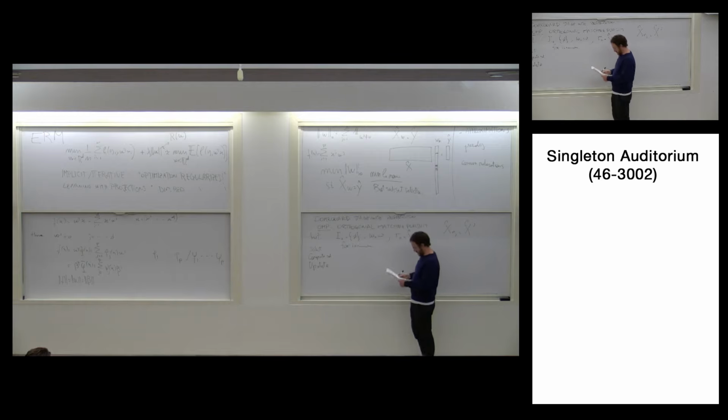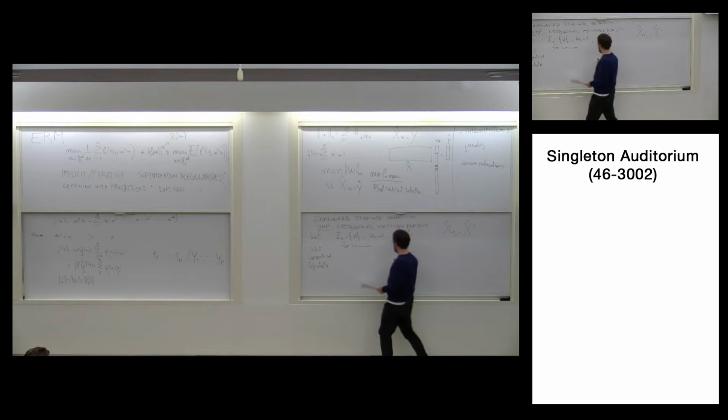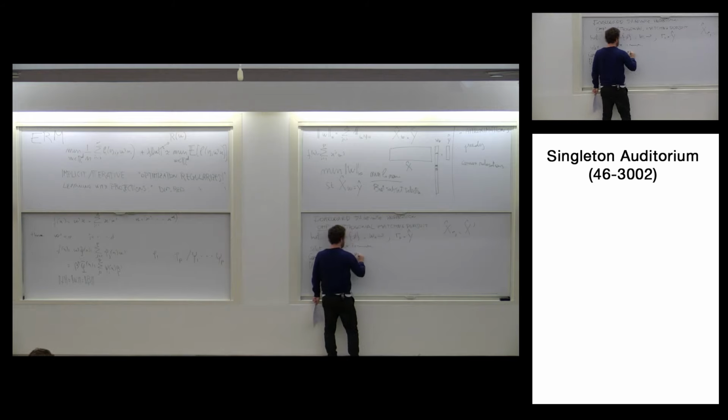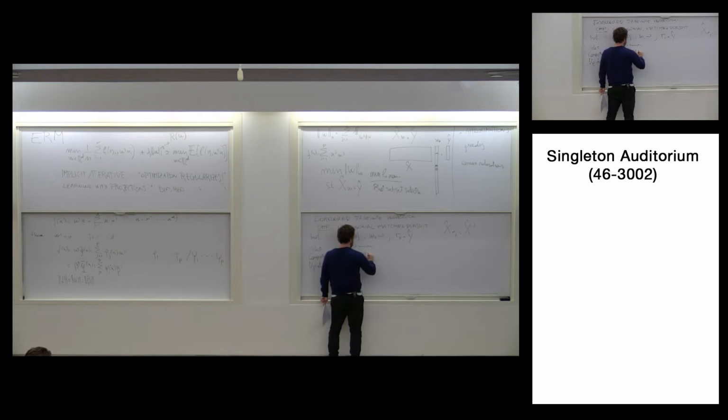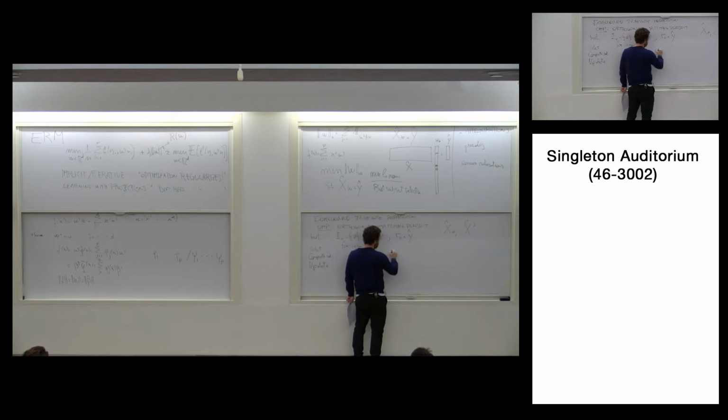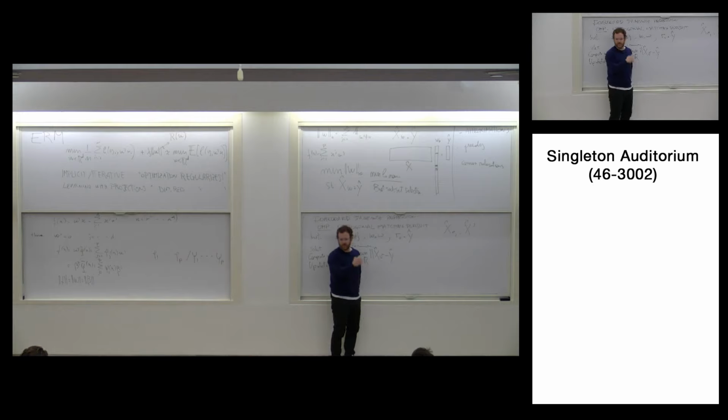Okay, so let's see if I can write it decently. So first, you take a column, you take a scalar vector. Let me just write the first iteration and then we generalize to the next. So you write down the residual, okay?